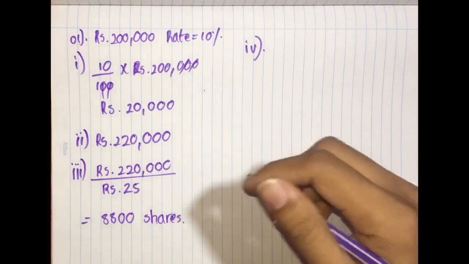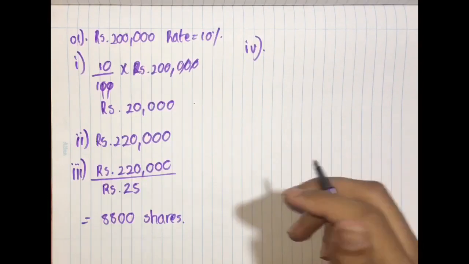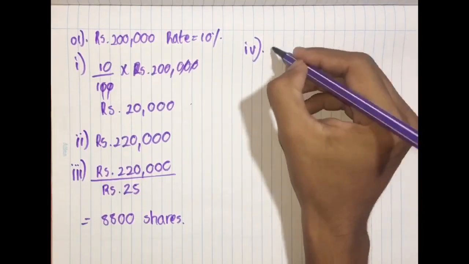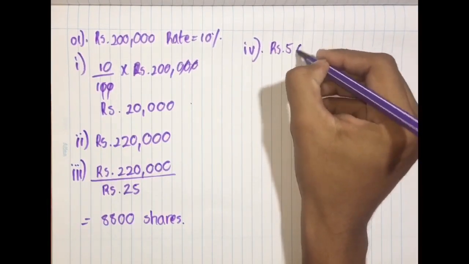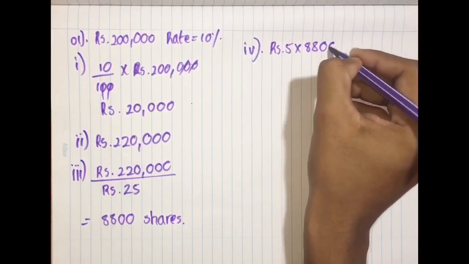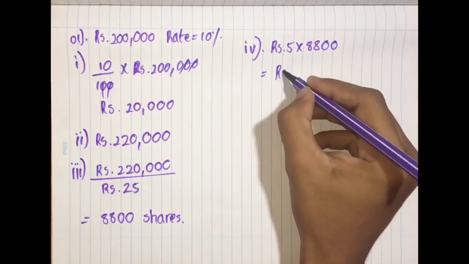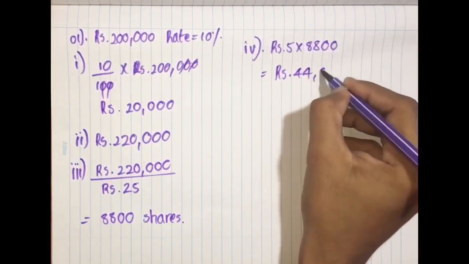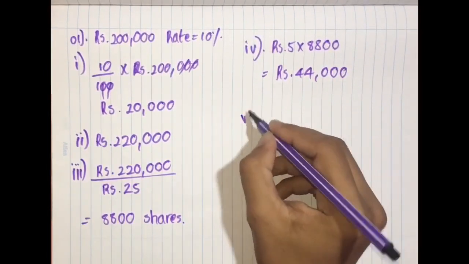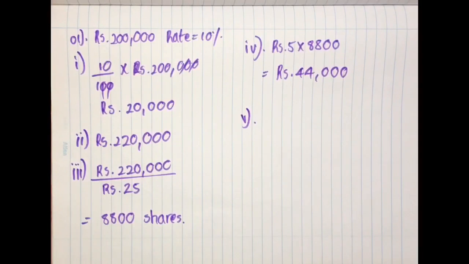So can't you find the total amount? You can, right? So what you have to do? You have to multiply 5 rupees by the total number of shares. That will give you 5 into 8,800, which is 44,000.